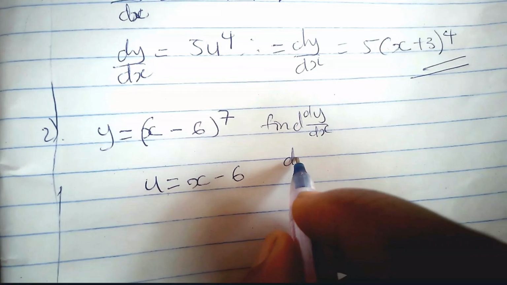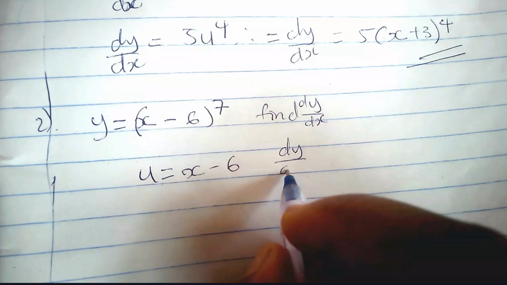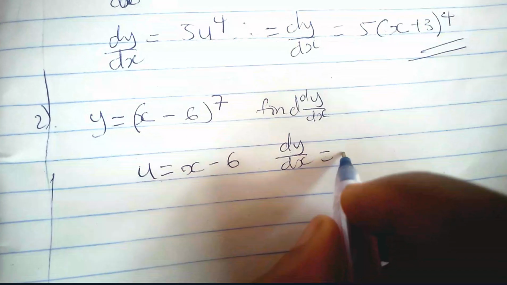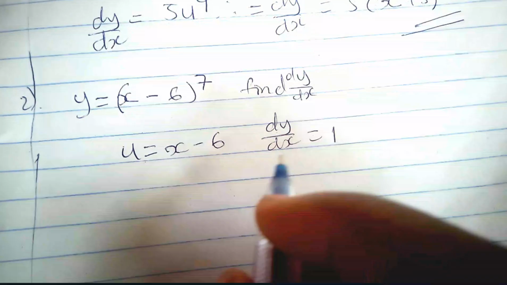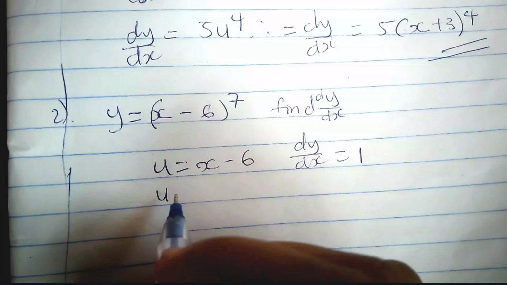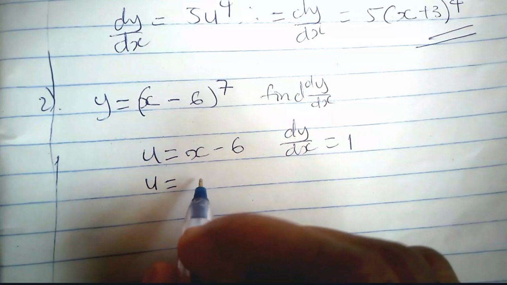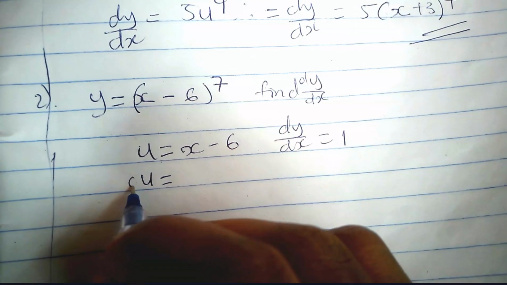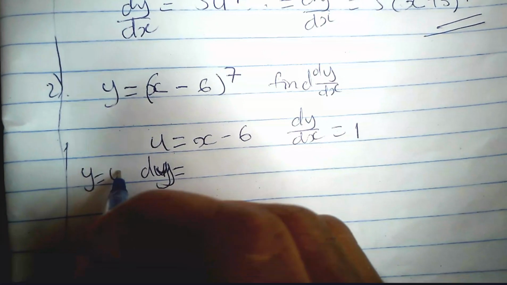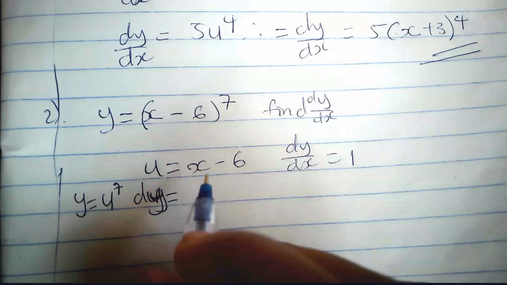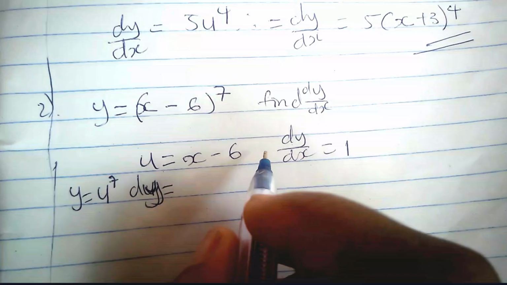Then the derivative of u with respect to x is going to be 1. Now our y is equal to u raised to power 7, because u is now x minus 6.